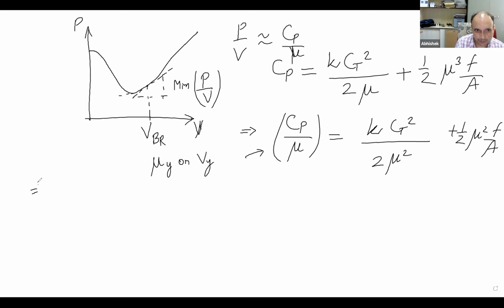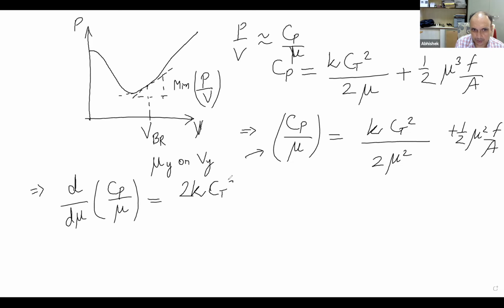So in the next step, I do d by d mu of Cp by mu, and that would be twice kappa, sorry, kappa Ct square, divided by mu cube, with a minus sign, because mu square will give you -2, so -2 up and 2 down will cancel, so you'll be left with minus.